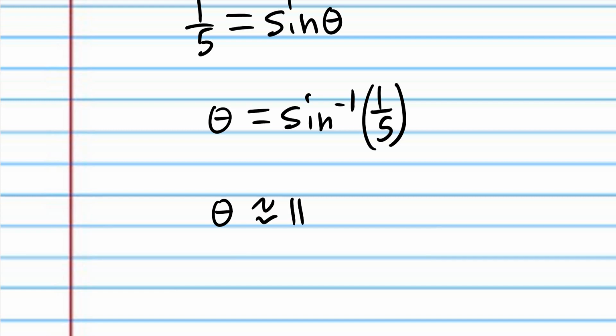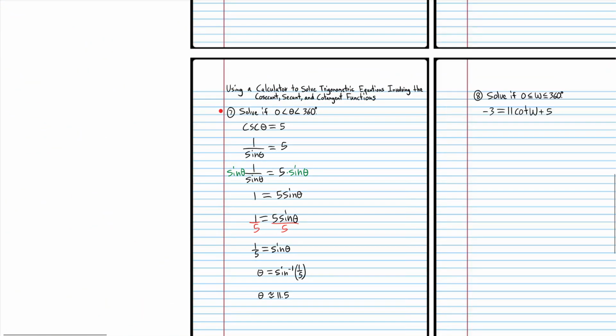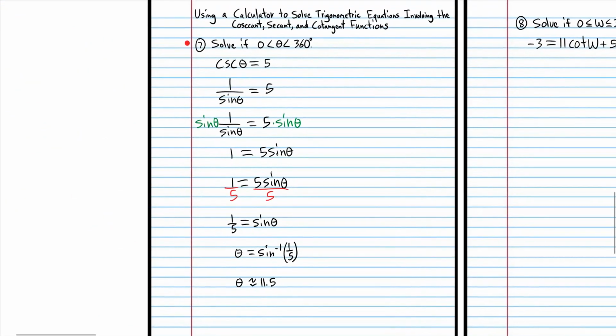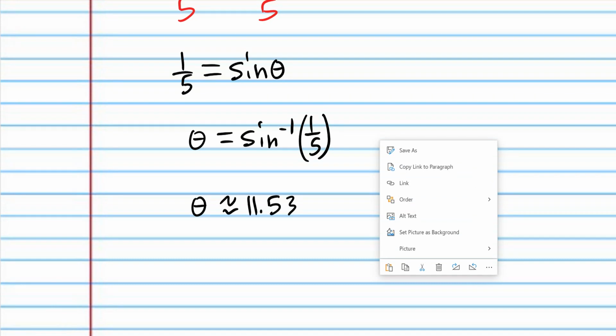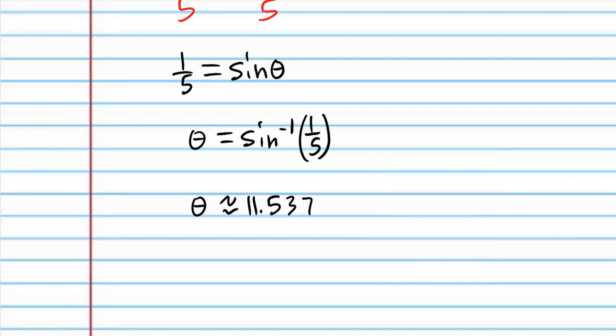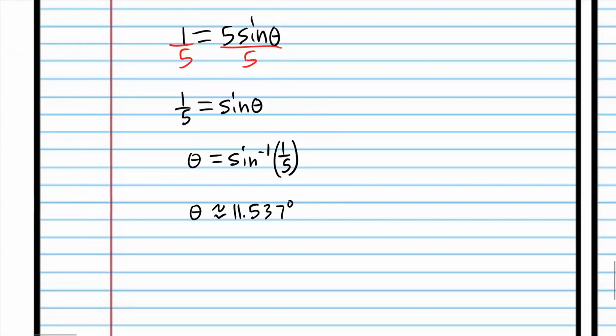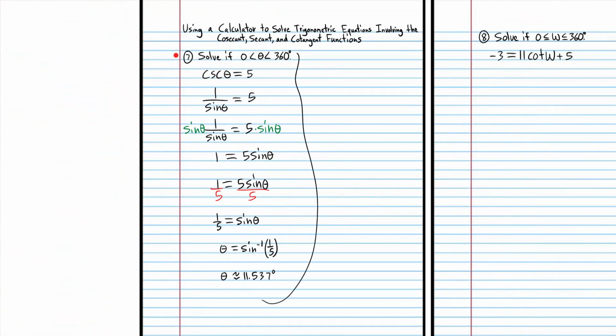And we get 11.5, and it doesn't say what to round off to. So we can just say 11.537 degrees. And it wants all the answers between 0 and 360.